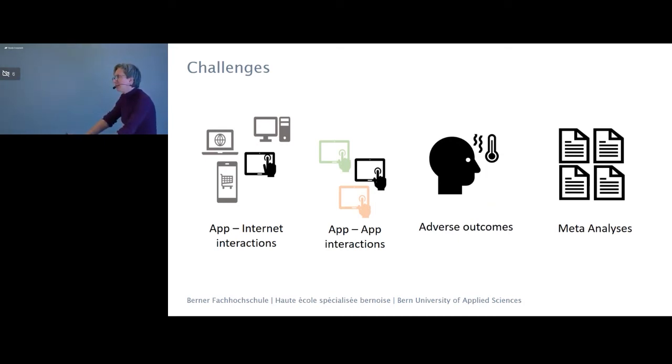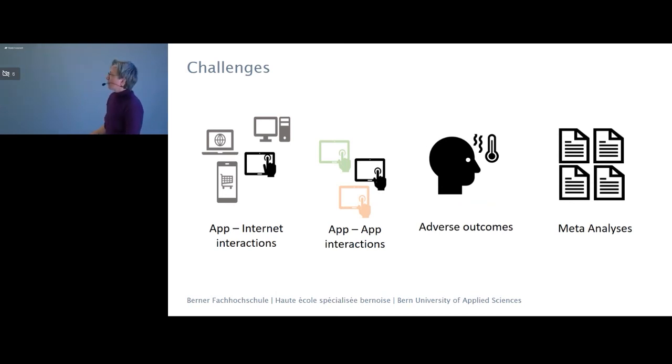We are also missing clinical trials studying the effects of the different technologies. Most of the apps integrate different kinds of technologies, so gamification and diary keeping and whatever. So a couple of technologies, but at the end we don't know which technology has which effect. And this would be very helpful in order to really build helpful, useful, good mental health applications.